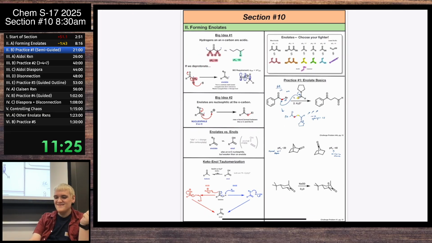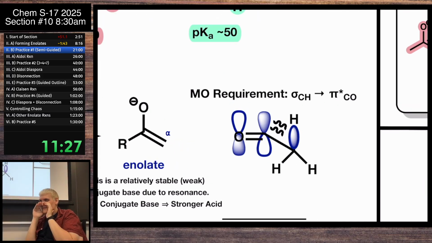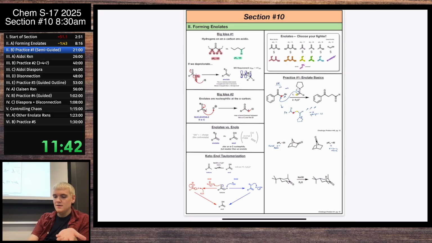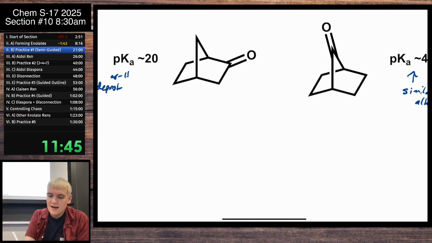Ding dong. Remember I said there was an MO requirement? Just like MO requirements with E2 on a ring, here, on this bridged ring, we can't rotate freely to access this. So we have to make sure we have a hydrogen that could overlap with the pi star. So for both of these, I'm going to draw the pi star.